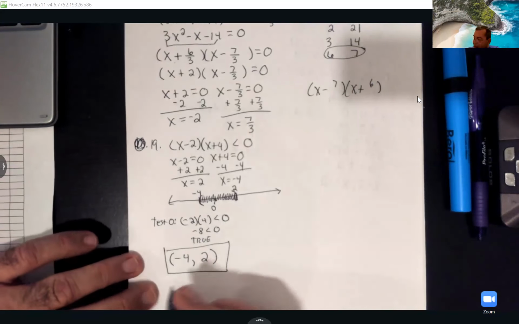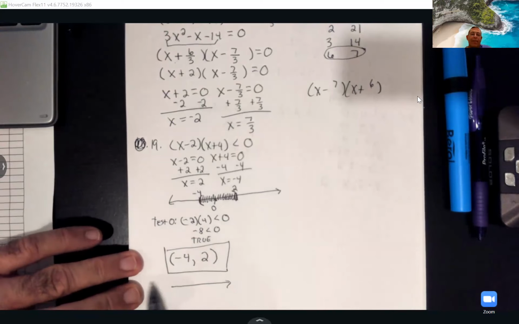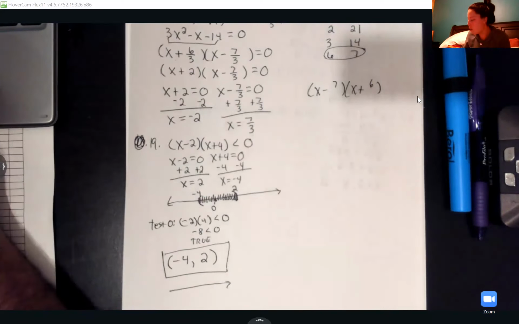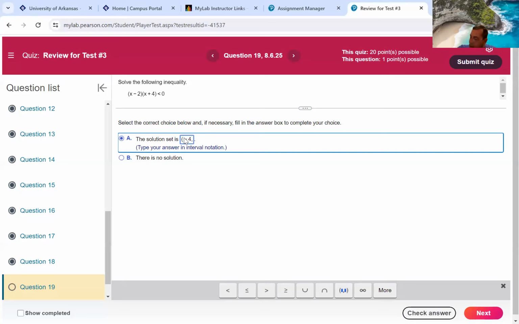You have to treat that number line like you're going down the number line, starting at negative infinity, heading towards positive infinity. There you go. And so if you put B on this one, you're going to miss it. This one does have an answer: -4, comma, 2, close parentheses.